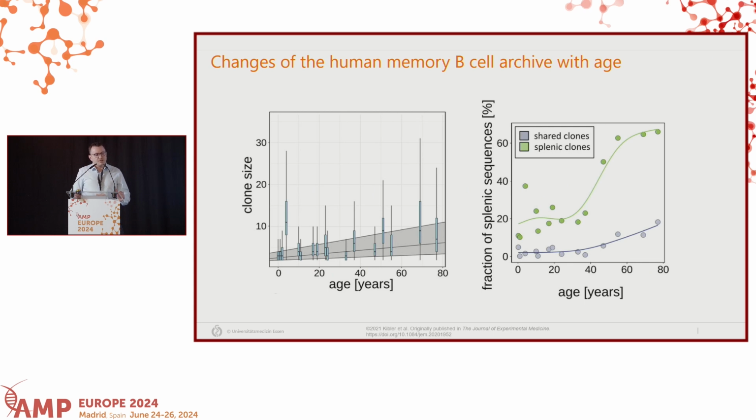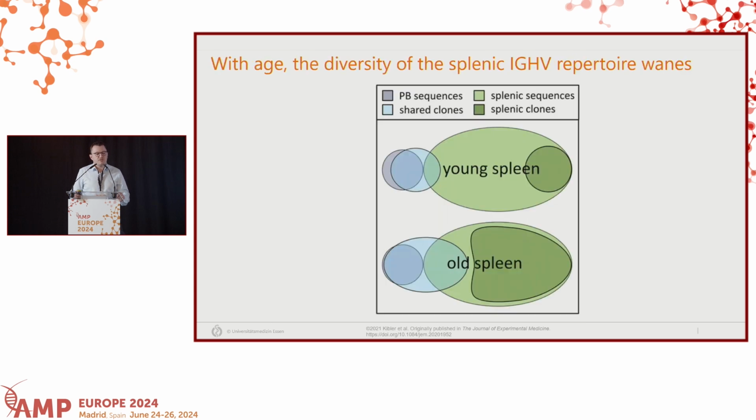However, this human memory B cell archive in the spleen changes with age. So what we observed first is that the average clone size increases throughout life, and while the fraction of shared clones is quite constant throughout life, the fraction of clones that are exclusively present in the spleen increases around 40 to 60 years of age. So you could summarize these findings in the following way.